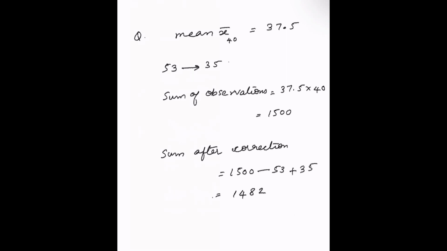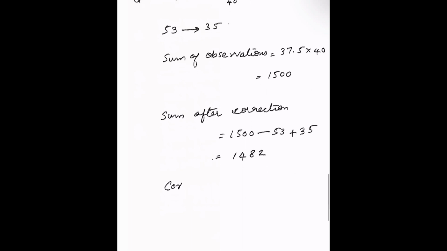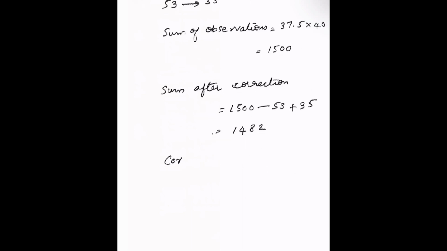Ma'am, could you explain sum after correction? Yeah. So here I'll take an example. I have numbers 50, 25, 35 and 20. Because I've taken these numbers, it will be easy to do the addition.